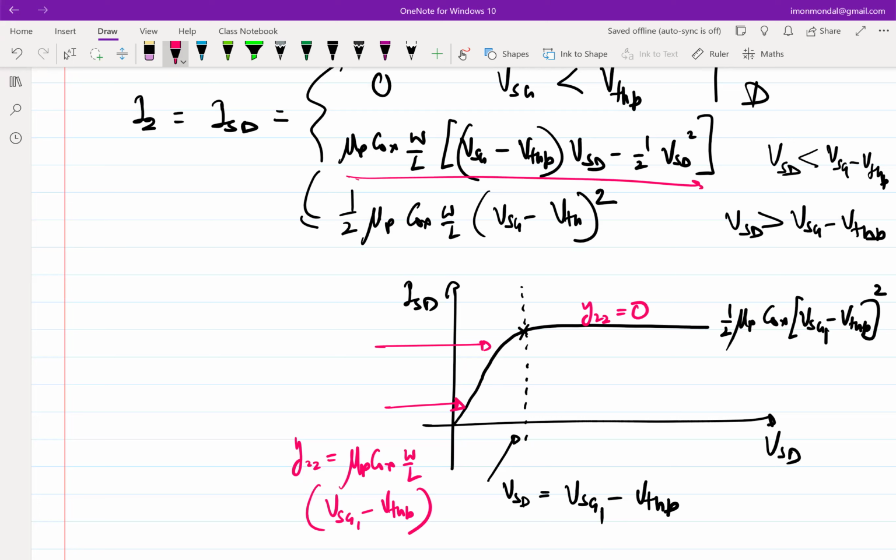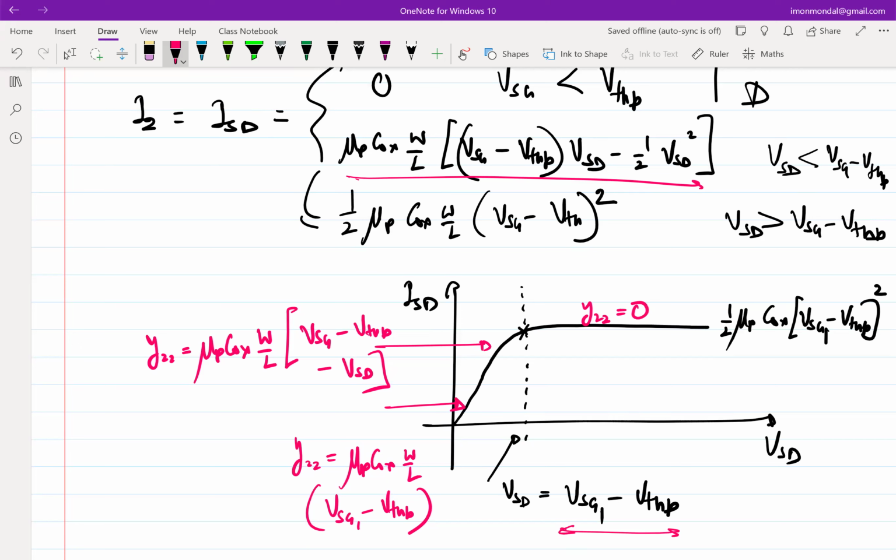So there your Y22 will be mu P C ox W over L times VSG minus threshold voltage minus VSD. Okay, so from this also you can see that when VSD becomes equal to this critical voltage, your Y22 goes to 0, right?